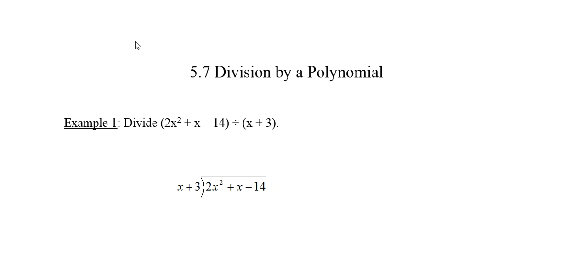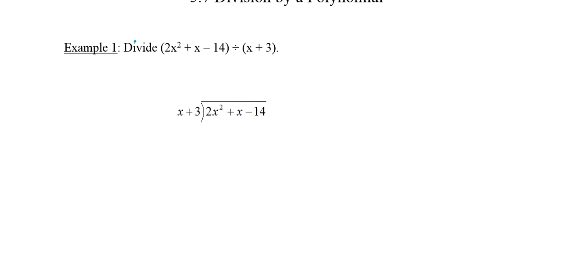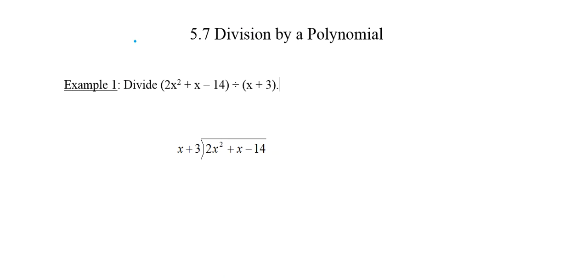The way that it is set up here, it looks like what we're used to doing with regular division. So if you can think about having to divide 2, say, into 437. 2 goes into 4 twice. 2 times 2 is 4. And then we subtract that, bringing this down to nothing.